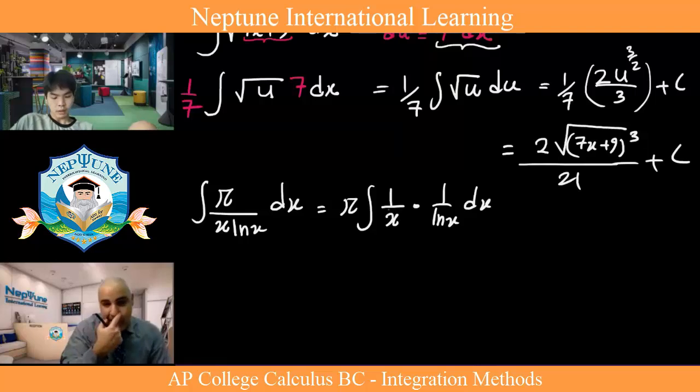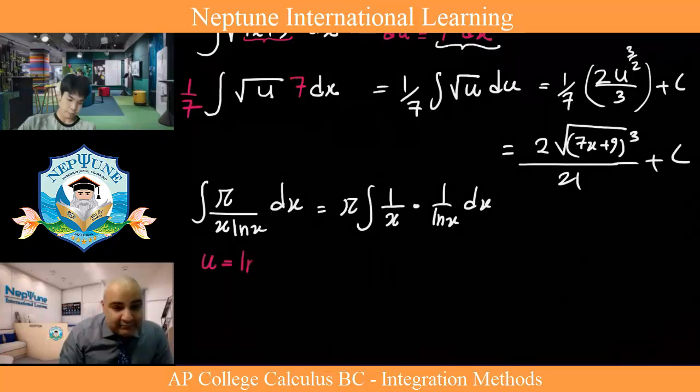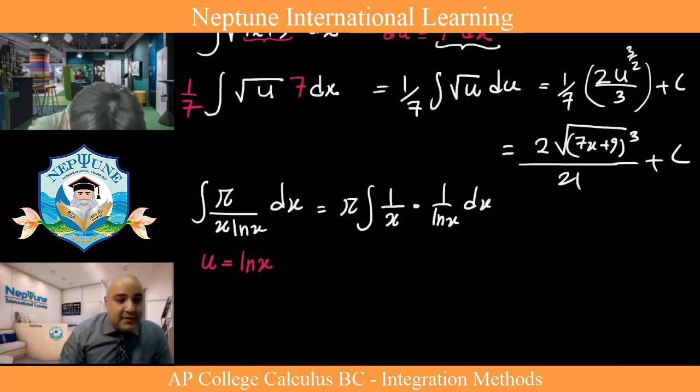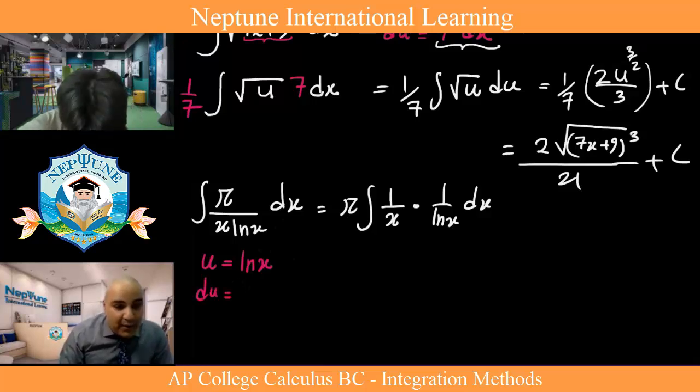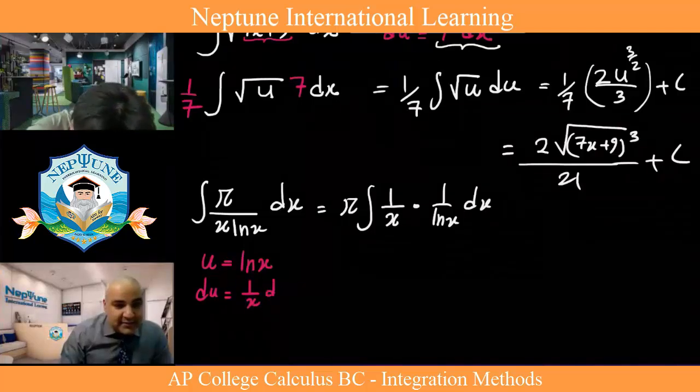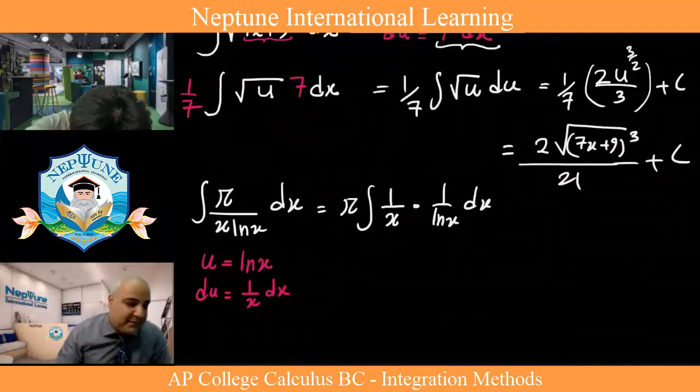Now we want u and du. I will use u to be ln x. And then du is 1 over x dx. Okay, let's see what will happen if we substitute.